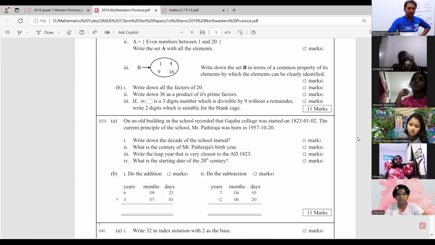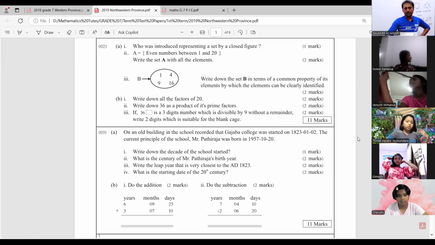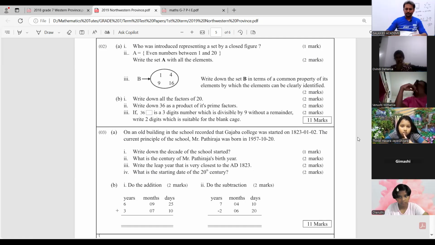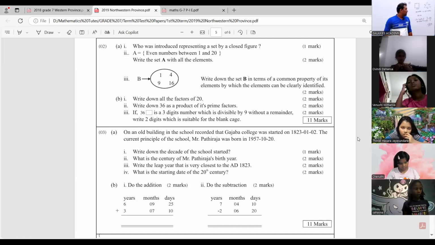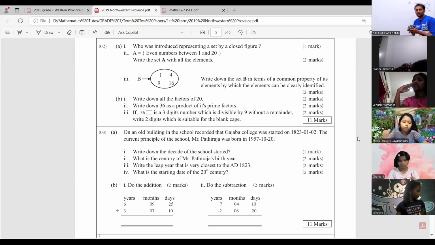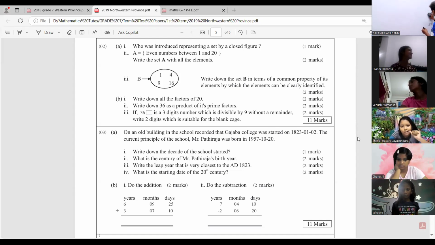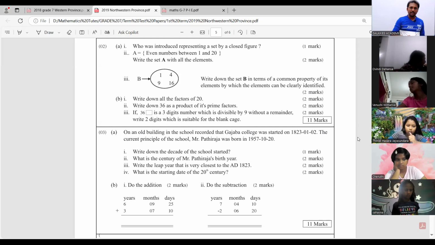First I am going to take the second question of the paper. Okay, second question. The first question I will discuss later. Right. Second question given: who introduced representing a set by a closed figure?